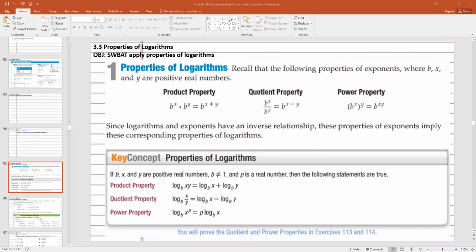All right. I'm going to put that on the notes. Maybe I should type it. That might be better. You multiply, you add, you divide, subtract, and you have a power, the exponent in front of the log.